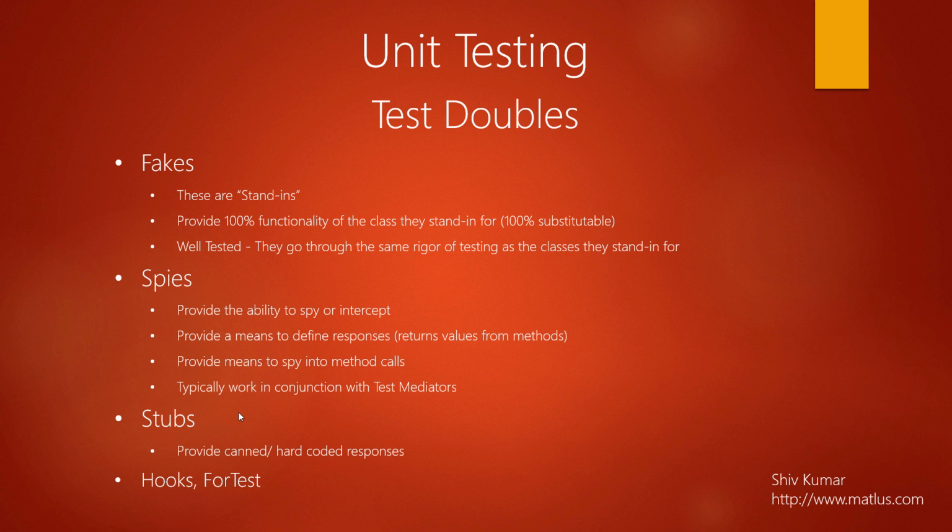Just to give you the highlights of Spies here, they provide the ability to spy or intercept, or to provide an observation point within some class downstream from where you're testing. Therefore they provide a means to define a response and return values from some class that's downstream, far removed from the class you're testing. They provide a means to spy into method calls.